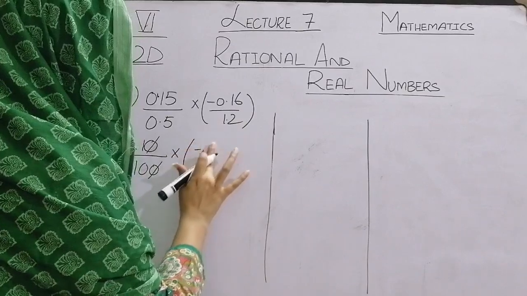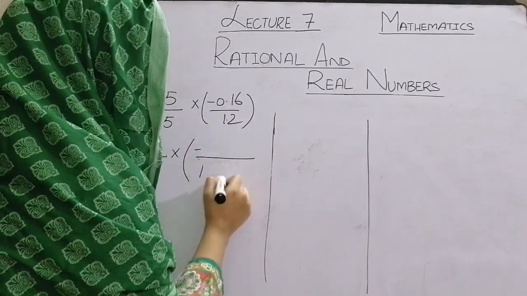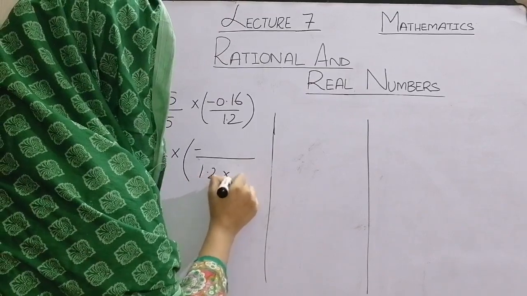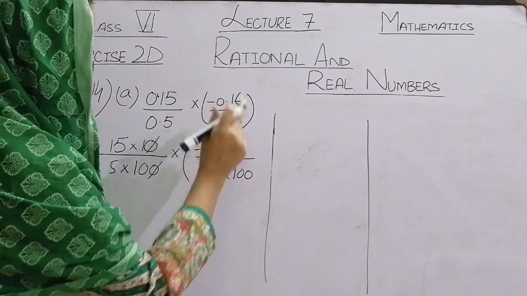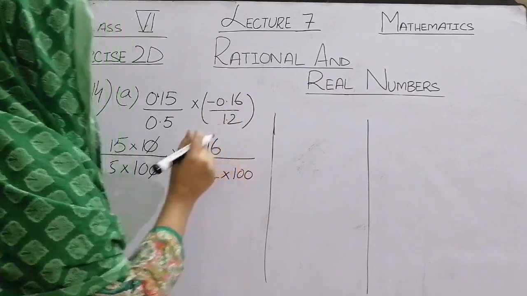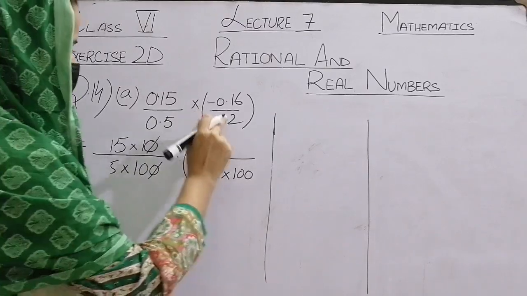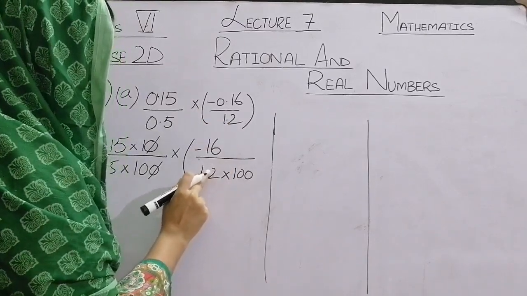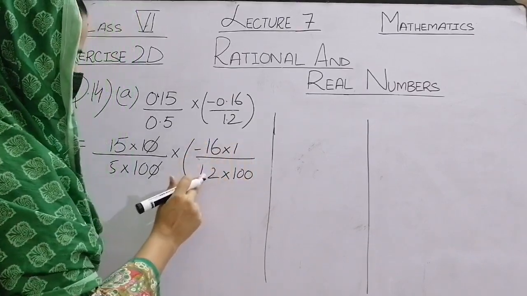We have minus 0.16. Eliminate the decimal and write down 1 in place of that decimal. 2 digits after the decimal, so we have to write down 2 zeros. The decimal of 16 is eliminated. Now we have to remove this decimal. Remove this decimal, place 1.